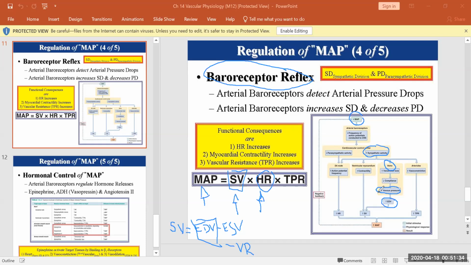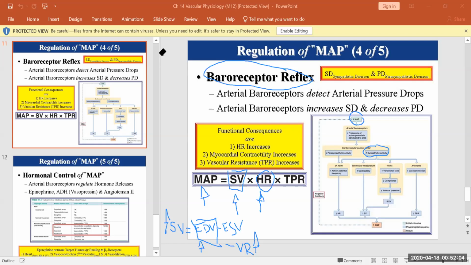So if that venous return is increased, EDV is increased. If EDV is increased, SV will be increased, as you can see here. If SV increases, you go back here, MAP increases. Right? So that's the contribution from the sympathetic division on veins. Okay, I'm gonna take that out.